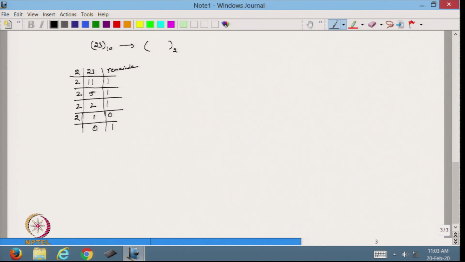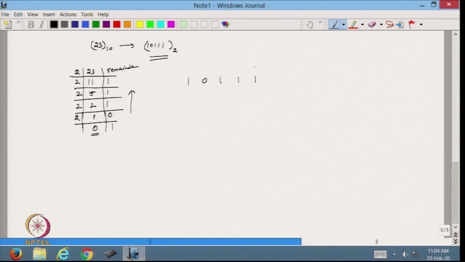So, I have to go till I get 0 here. In this case this is the way we will take it. The representation will be 1 0 1 1 1. So, 23 in the decimal form can be converted into the binary form with the help of this. Now, suppose I want to find out whether it is giving the exact value or not. So, this is 1 0 1 1 1.